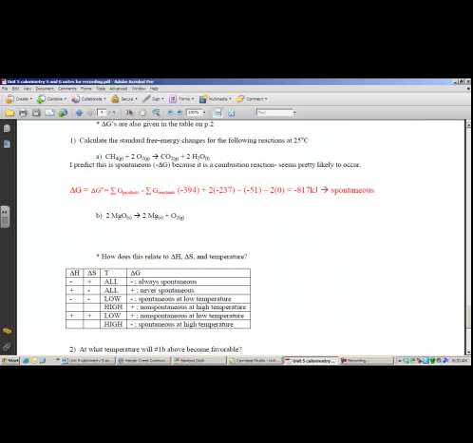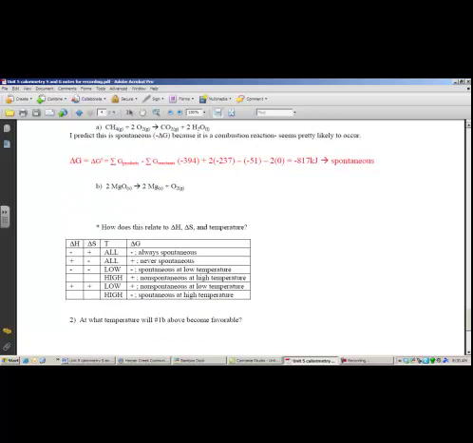Now, this chart here gives you all the different combinations that would give you a spontaneous reaction. Learn this. This is a very important chart. The way to look at it, for example, if you have an endothermic reaction that's going towards more order with a low temperature, that's like the very extreme, probably this reaction is not going to happen.